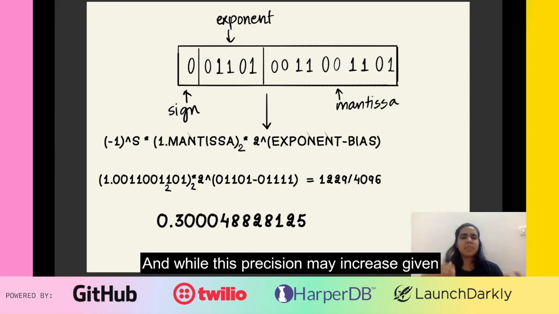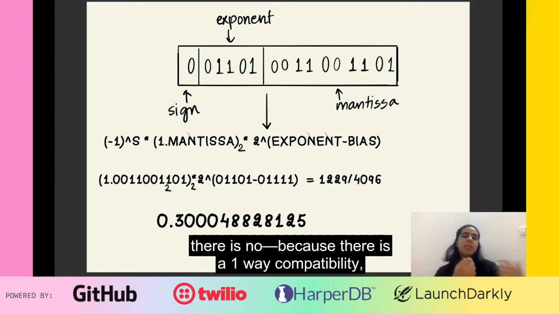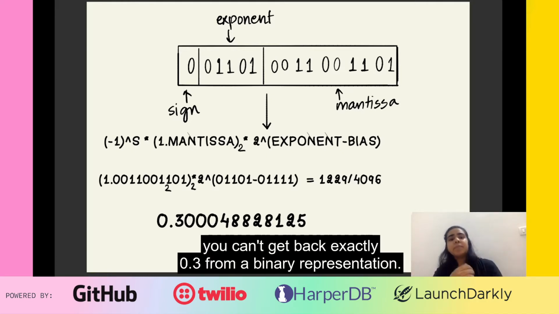While this precision may increase given how many bits you use to represent the exponent and the mantissa, because there's a one-way compatibility, you can't get back exactly 0.3 from a binary representation.